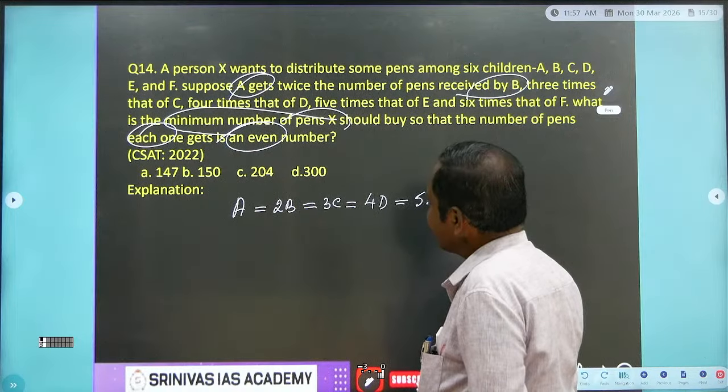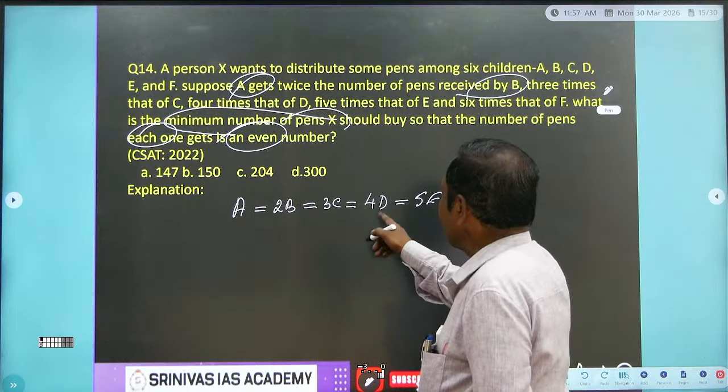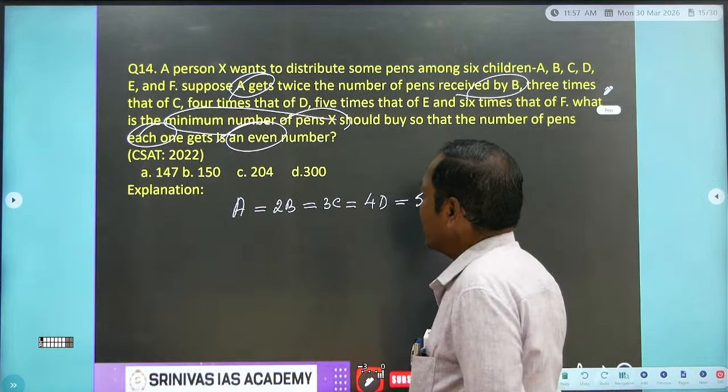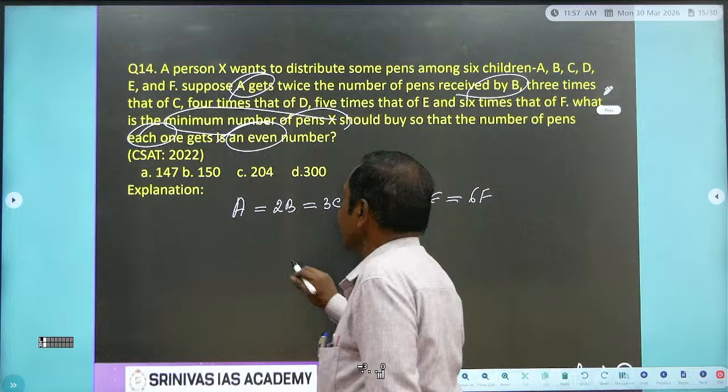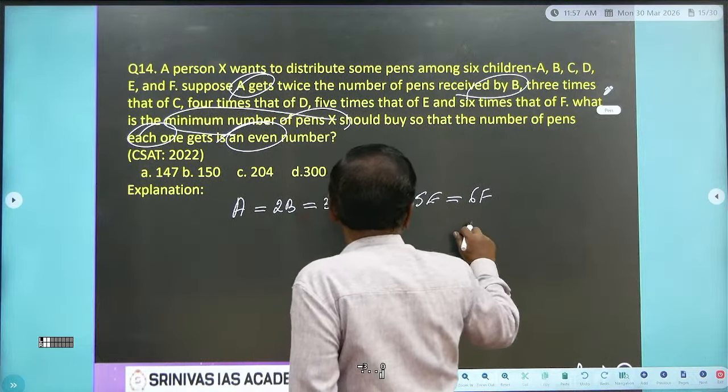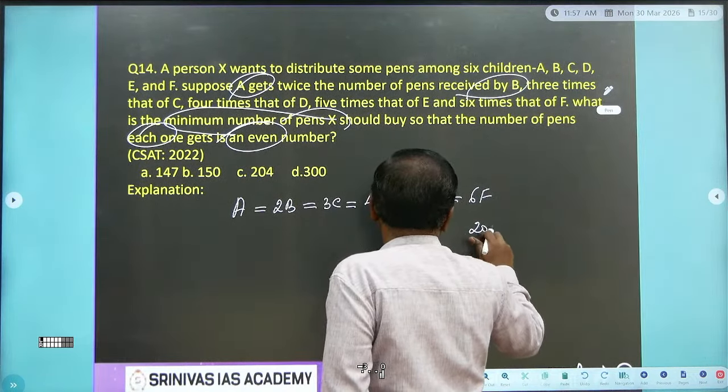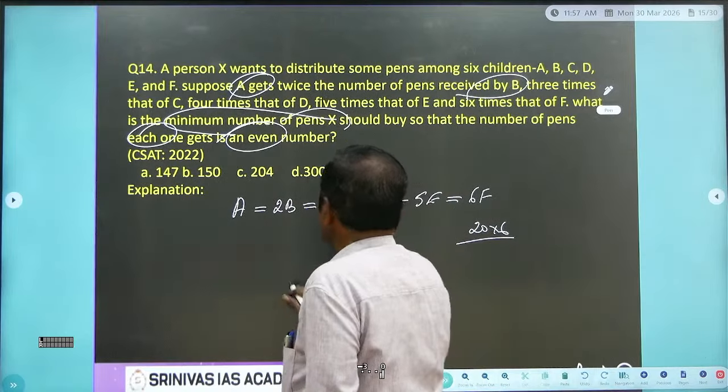See, you can see 10, 11, 15, 18, 20. If it's 20, it means 6.